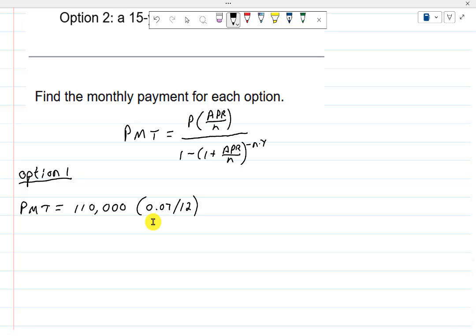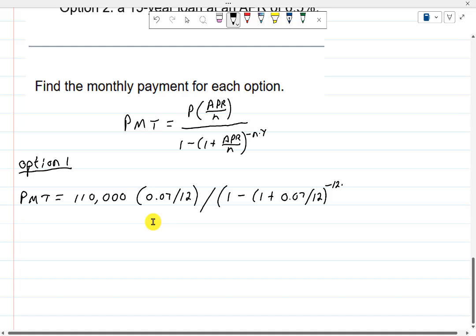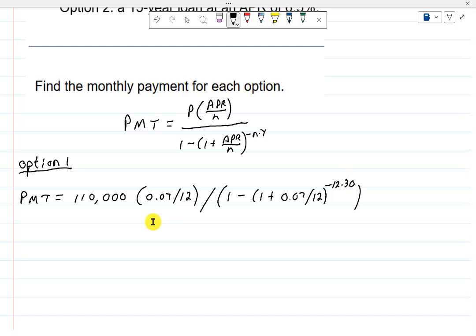These are monthly payments, so we're going to have n equals 12. Put the other division bar in. Start a new parenthesis, 1 minus 1 plus 0.07 divided by 12, and that's raised to the negative 12 times 30, and finish that parenthesis.